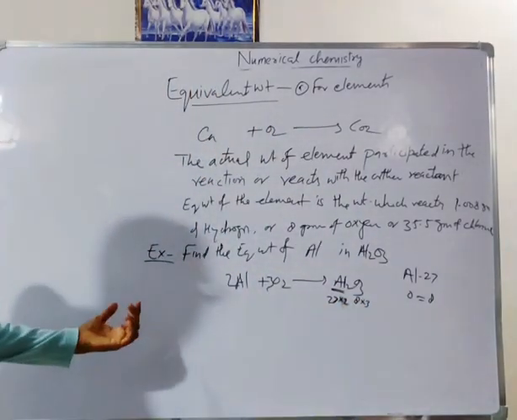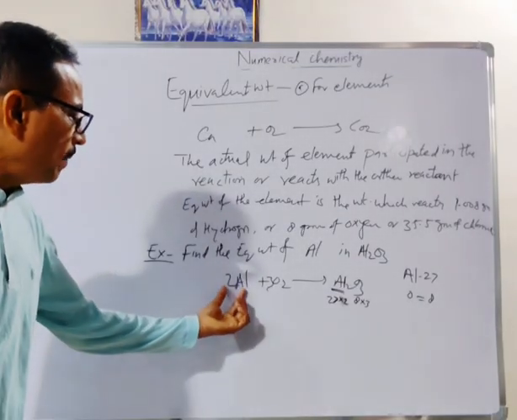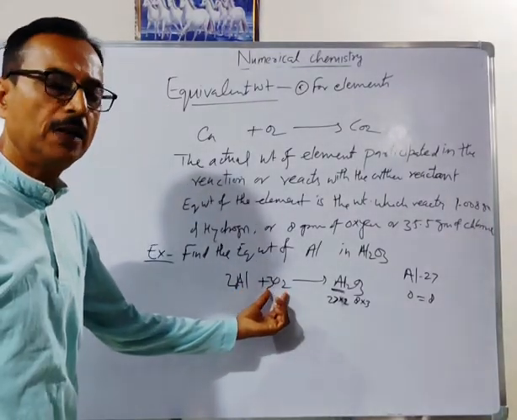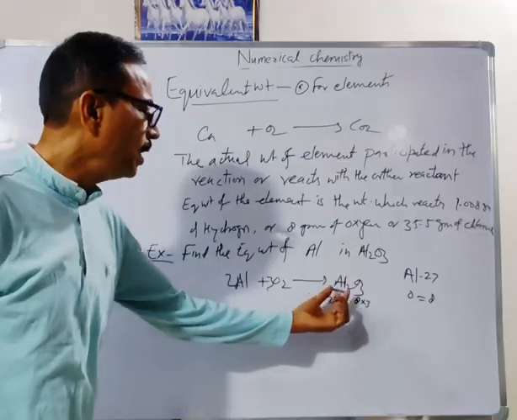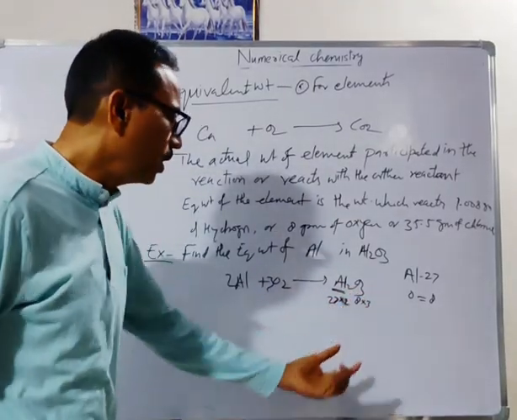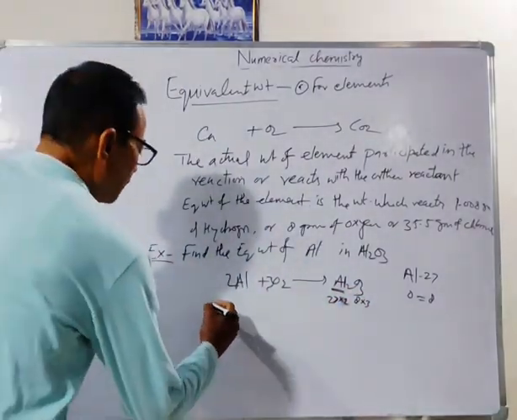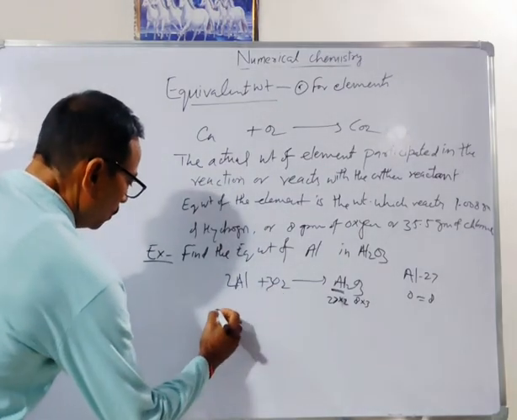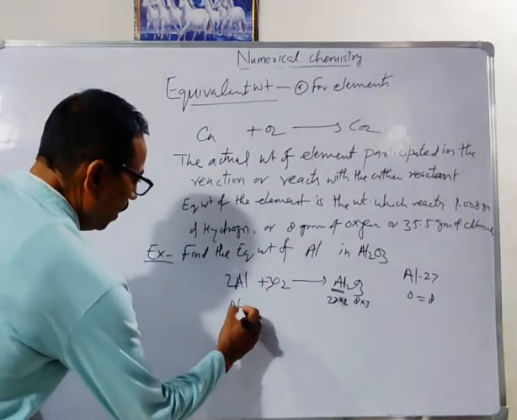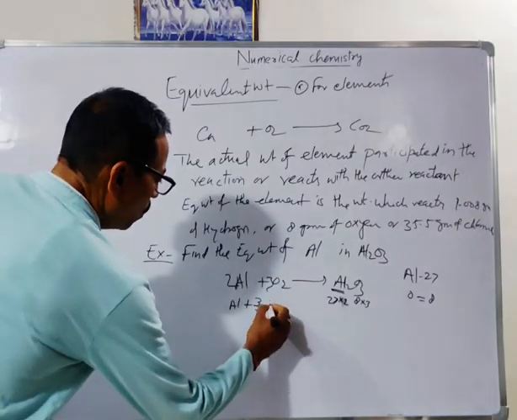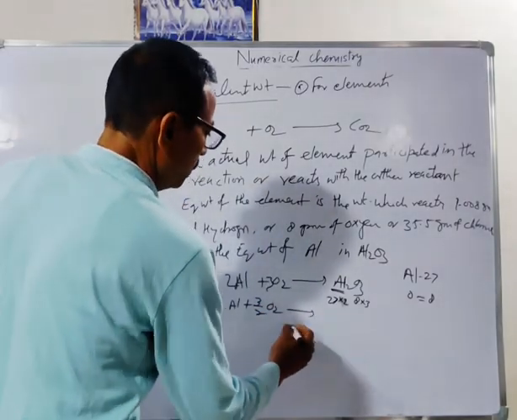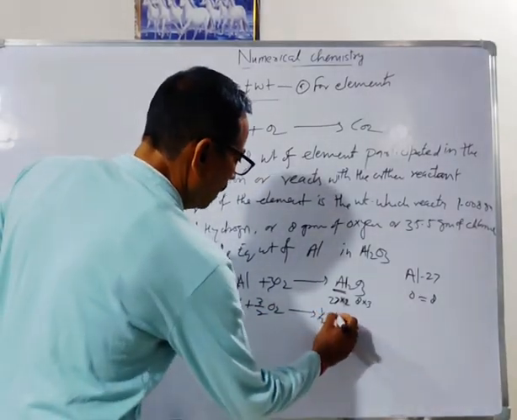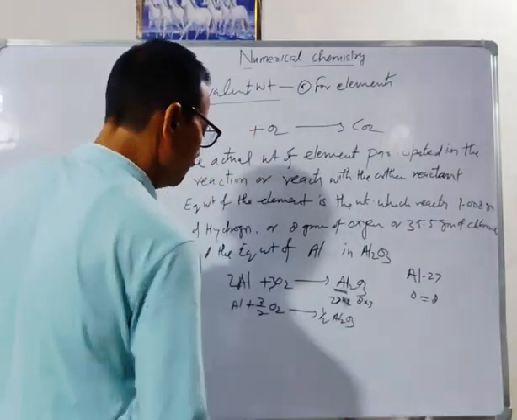So here you see 2 atoms of aluminum react with 3 atoms of oxygen, forming Al2O3. It means this is 3 by 2 O2 reacting with Al, giving half Al2O3.